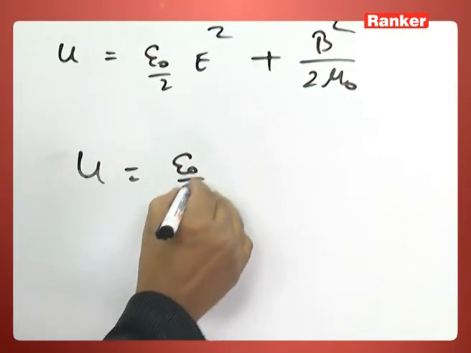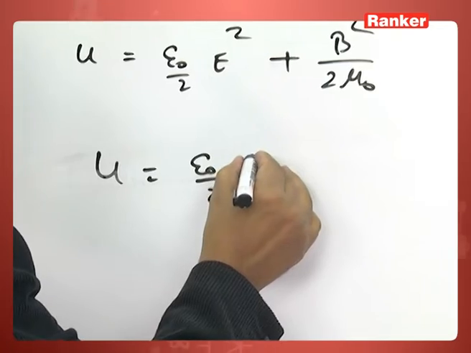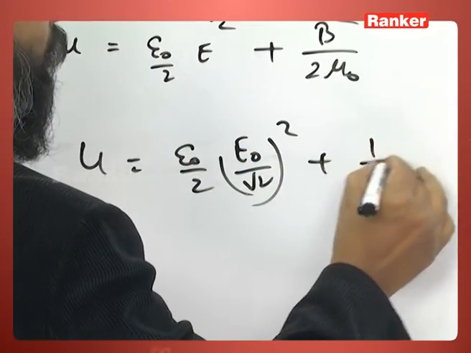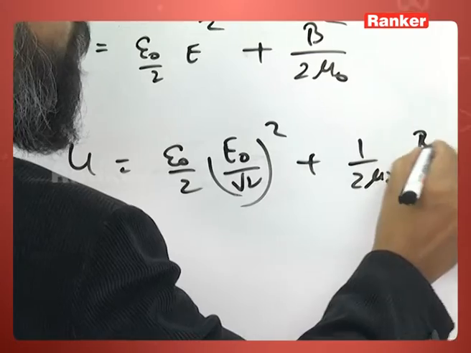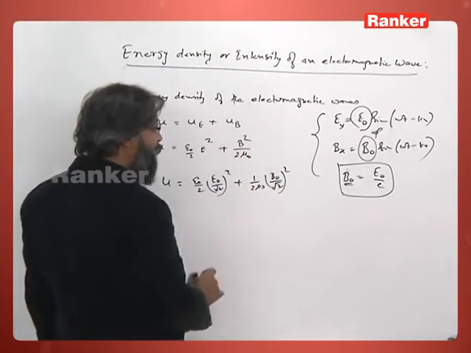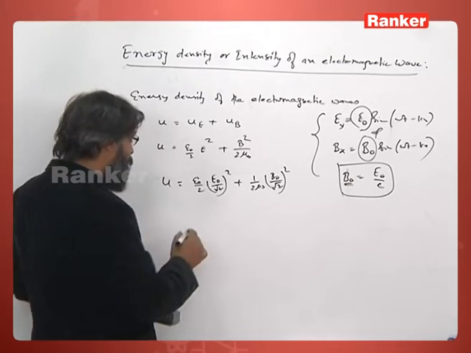U is equal to epsilon naught by 2 times the square of E naught by root 2, plus 1 by 2 mu naught times the square of B naught by root 2, that is RMS.